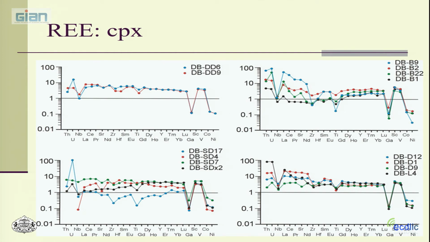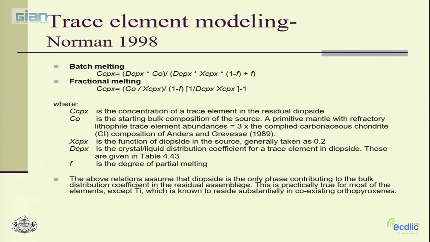To an extent we did trace element modeling following the work done by Norman in 1998, wherein both batch melting and fractional melting conditions were tested, using whatever elemental concentrations have been seen in the clinopyroxene.